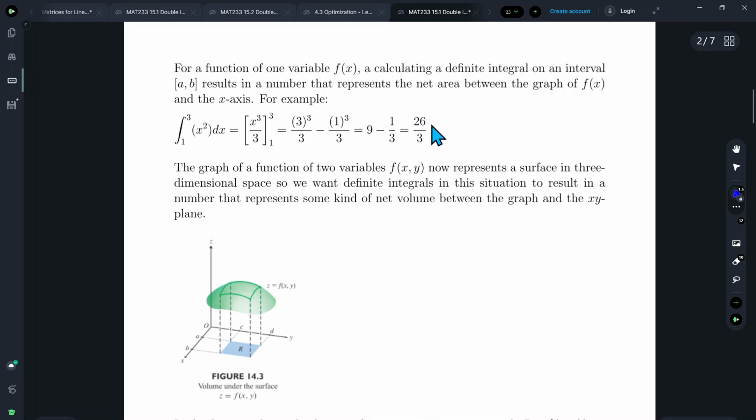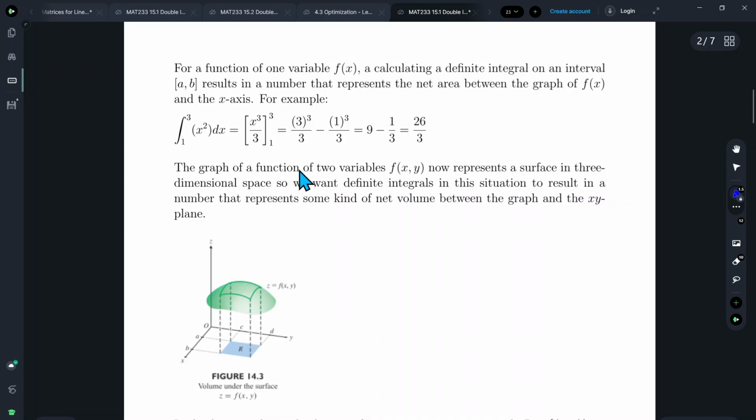Geometrically, this number represents some kind of net area, either positive or negative, depending on whether the function is above the x-axis or below the x-axis. So the number represents some kind of area for the function, right?